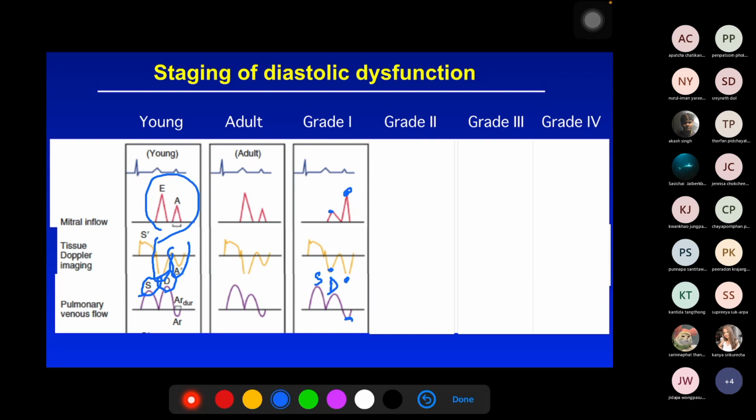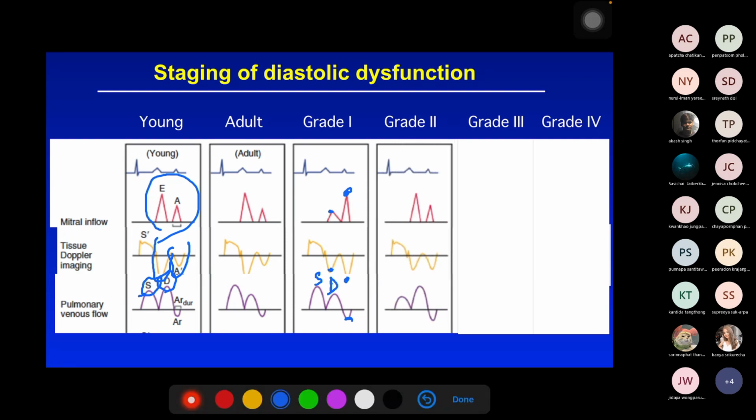When the patient has grade 2 diastolic dysfunction, you see the E wave velocity is increased again, and A decreased. So you should differentiate grade 2 pseudo-normalization from the normal. How can we differentiate it?